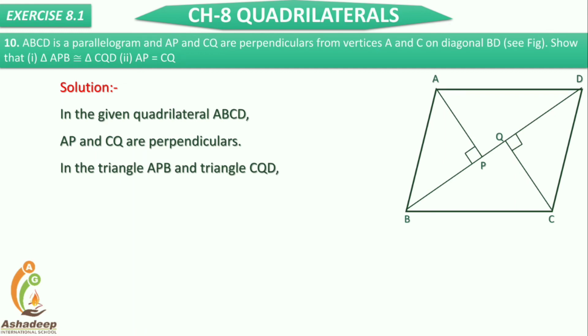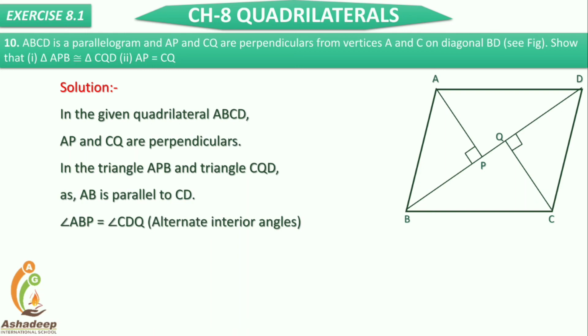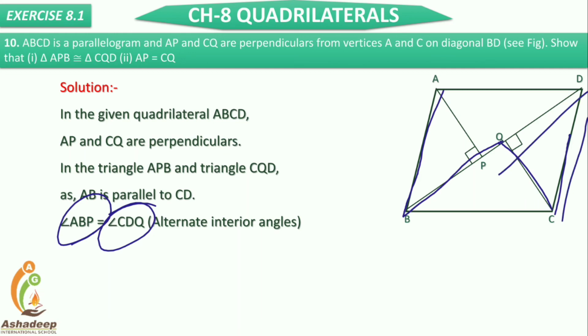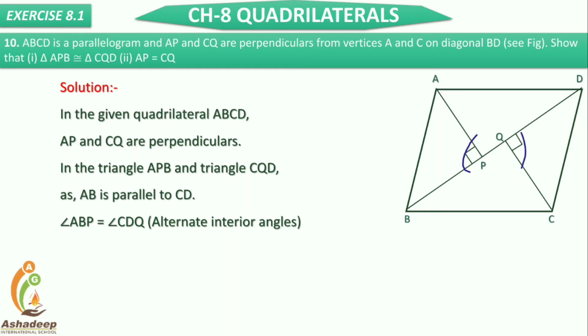In the triangle APB and in the triangle CQD, AB is parallel to CD and therefore ABP is equal to CDQ, because they are alternate interior angles. So now it is going to be easy. These angles are equal, these sides are equal, so with angle and sides, both triangles will be congruent.